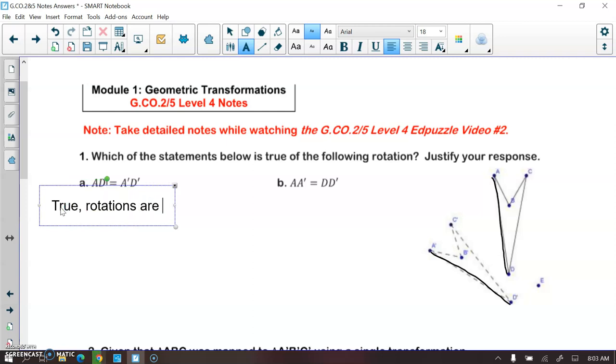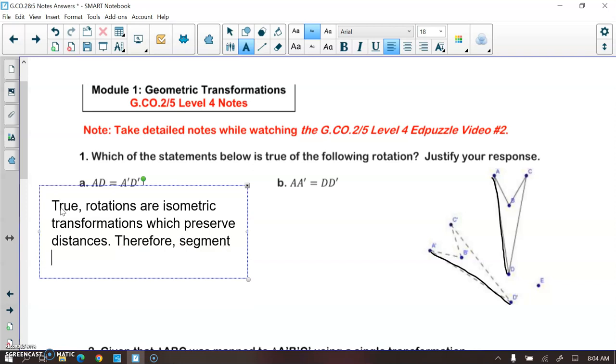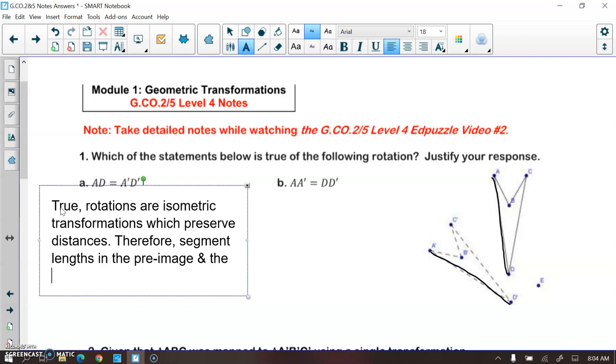Rotations are isometric transformations which preserve distances. Therefore, segment lengths in the pre-image and the image will be equal.